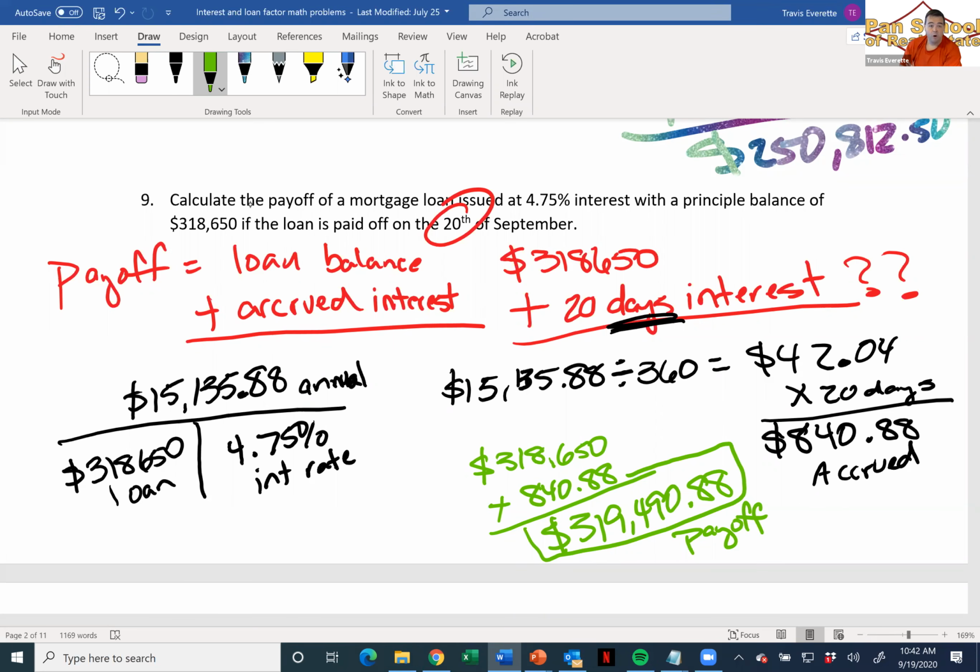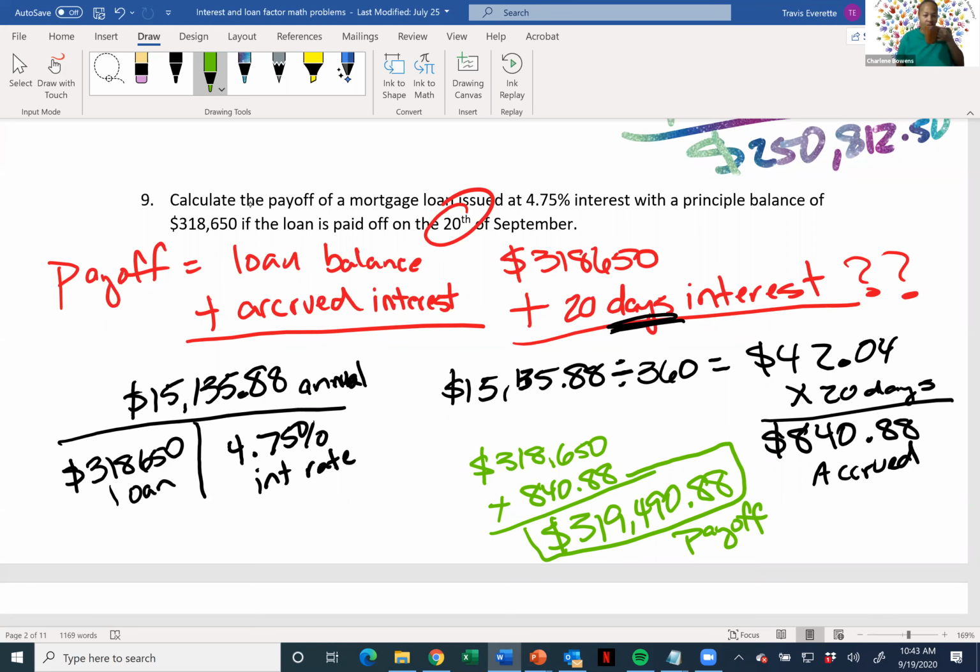So should they expect their loan payoff to be bigger or smaller than what they see on that statement they got at the beginning of the month? Larger. And could you now show them exactly how much larger? Because you're going to be able to see on the statement, here's your interest rate, here's your loan balance. Could you tell them this is what your payoff is actually going to be?